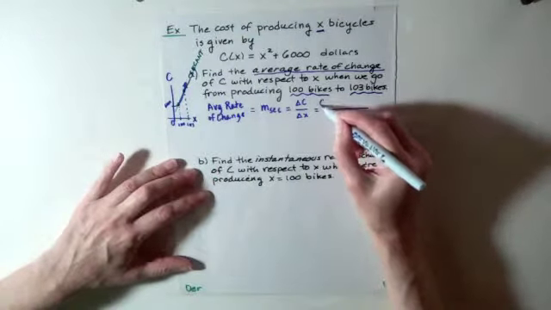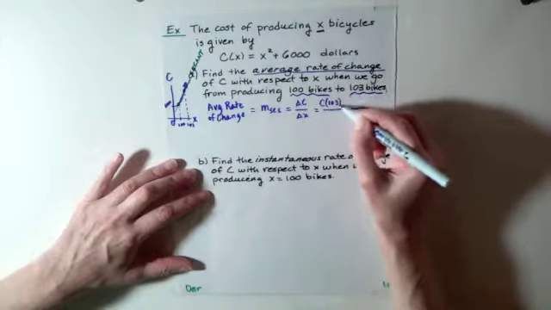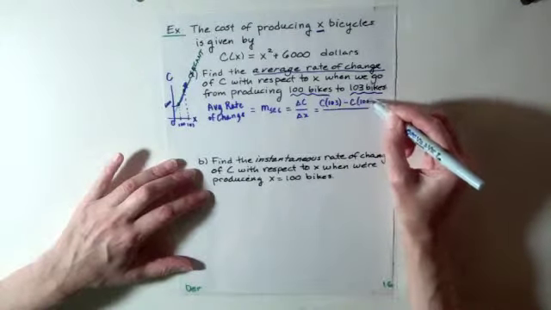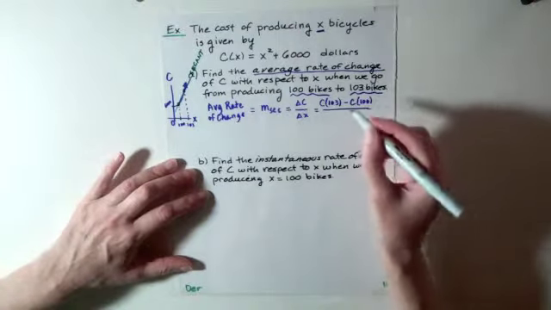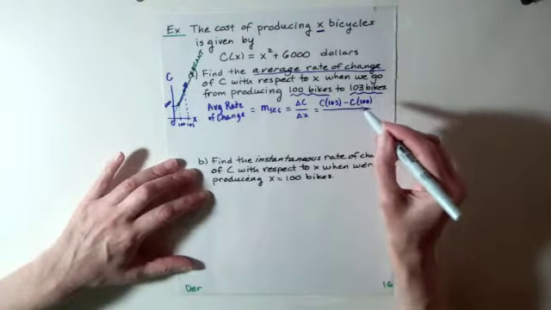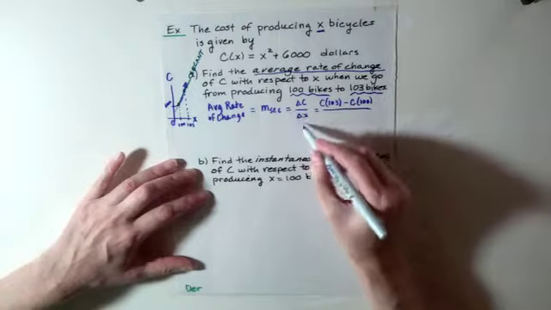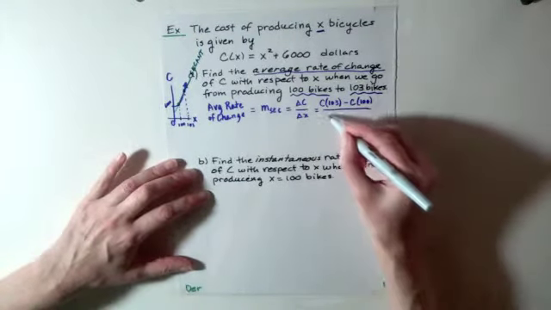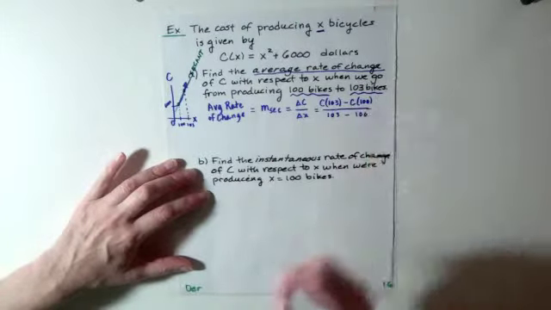So we figure out the cost at the second value, C of 103, which is the cost to make 103 bikes, and we figure out the cost at x equals 100, the cost to make 100 bikes, and that will be the change in my cost values as I go from producing 100 bikes to 103 bikes. I divide that by the change in x, the change in the number of bikes that I'm producing. That's going to be 103 minus 100.